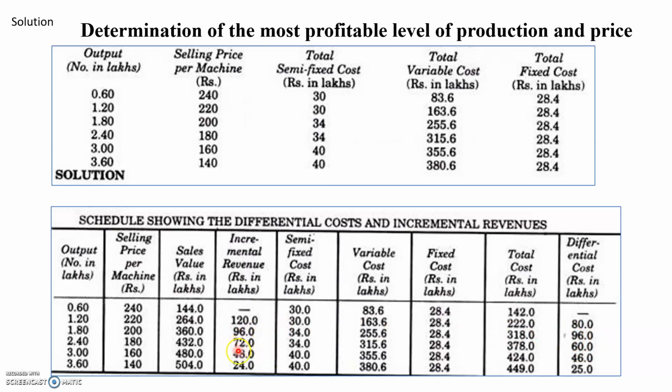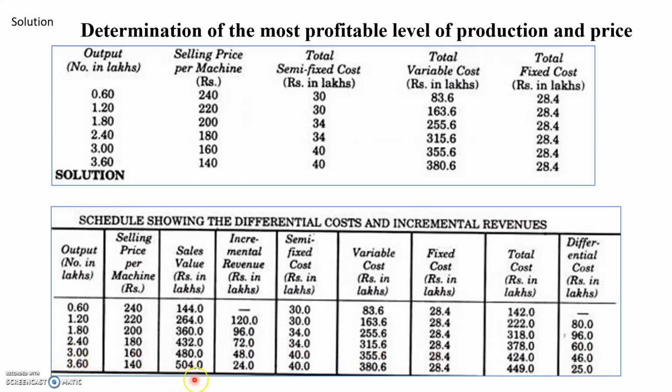Then incremental revenue is 72 in the fourth level, and here it is 60. So revenue is more, and we can continue. Then at the 3 lakh level, the incremental revenue is 48 and the incremental cost is 46, so still we can continue.